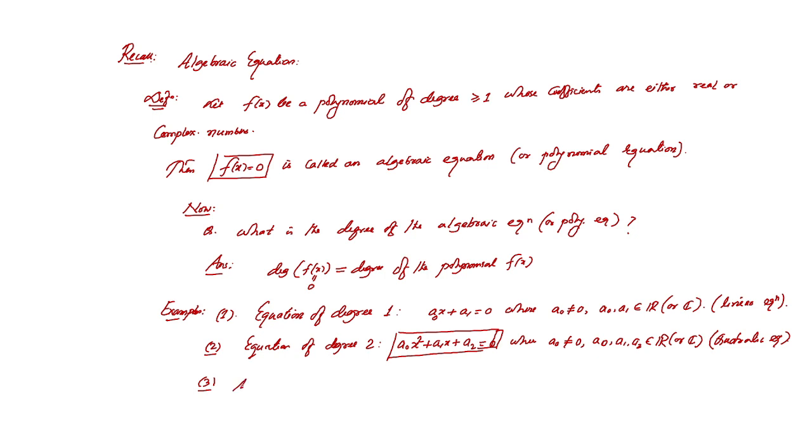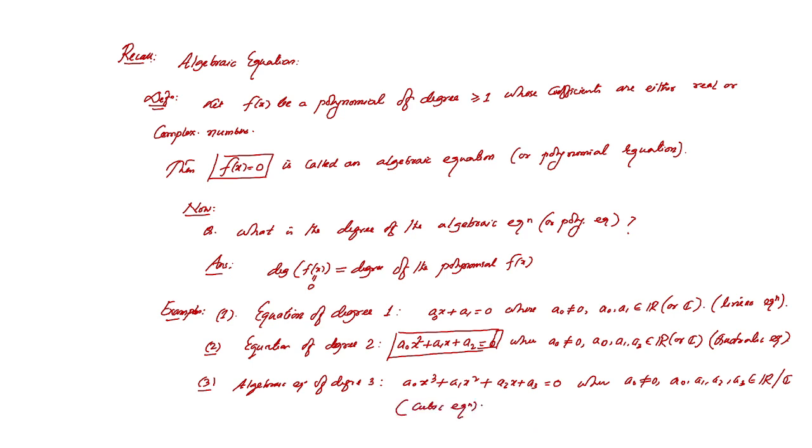Similarly, algebraic equation of degree 3 is a0x cube plus a1x square plus a2x plus a3 equals 0, where a0 is non-zero and a0, a1, a2, a3 all are either real or complex numbers, and this is called cubic equation.